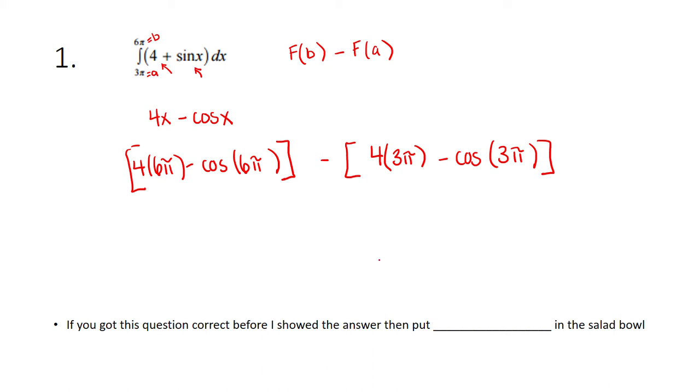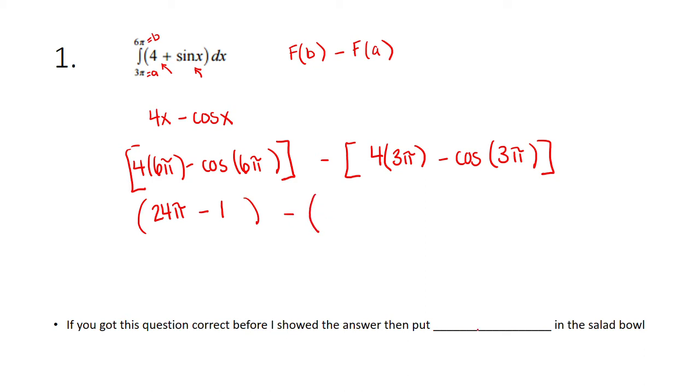Okay, so 4 times 6 pi is 24 pi. Use your calculator to plug in cosine of 6 pi. Which is 1. So since it's negative cosine, I'm going to say minus 1.